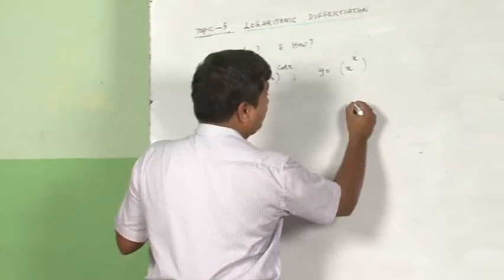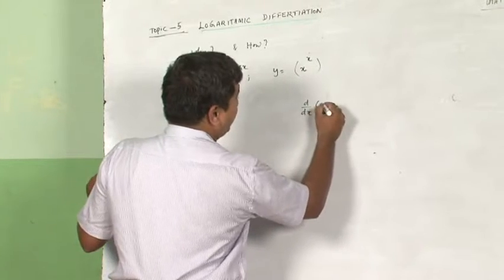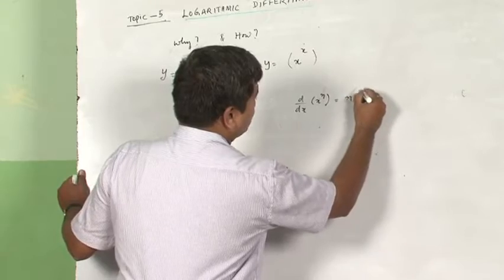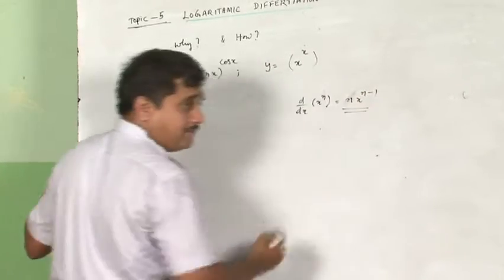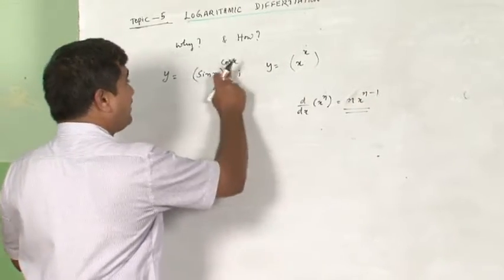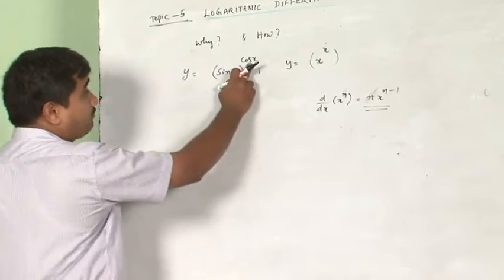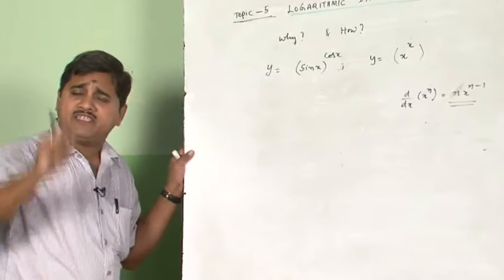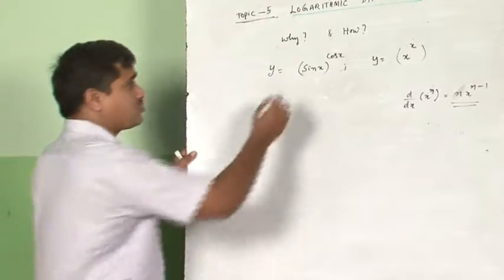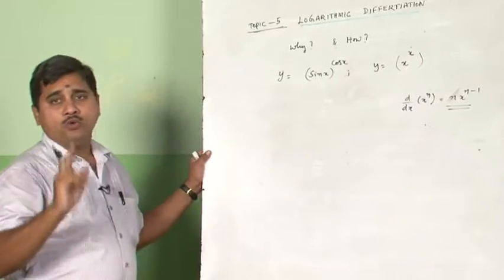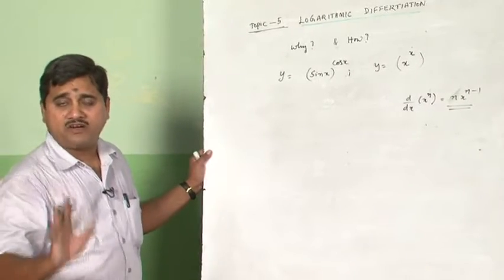Even if you say, sir, can we apply the x to the power of n rule as n into x to the power of n minus 1? This rule is not applicable, mainly because the power of the function is not a number. Since it is not a number, it is mandatory for us to bring this function down. This can be done only by the logarithmic function.